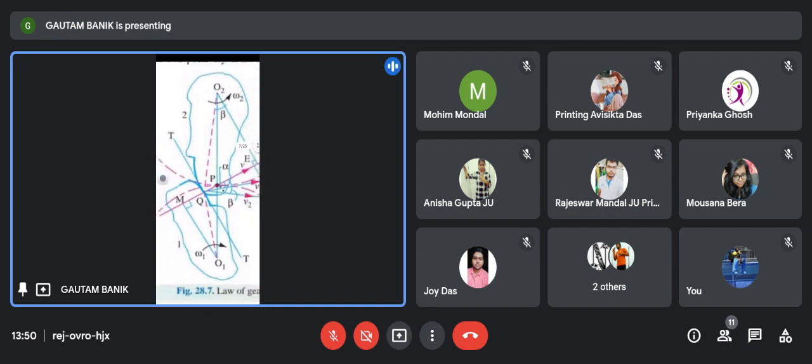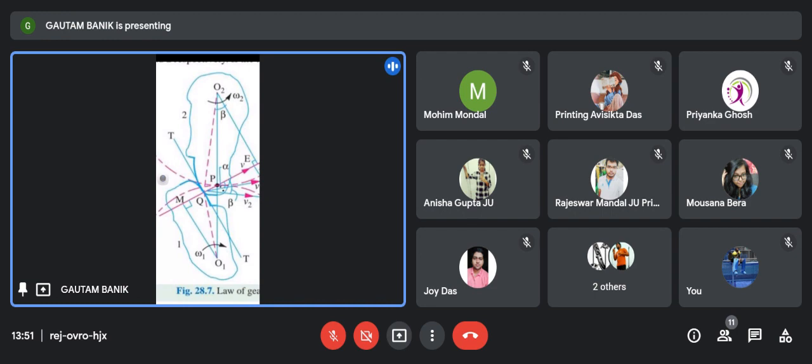TT is the common tangent of the two teeth, and another perpendicular, the normal, is drawn through the point Q. This perpendicular must always pass through the pitch point P of the pitch circles.